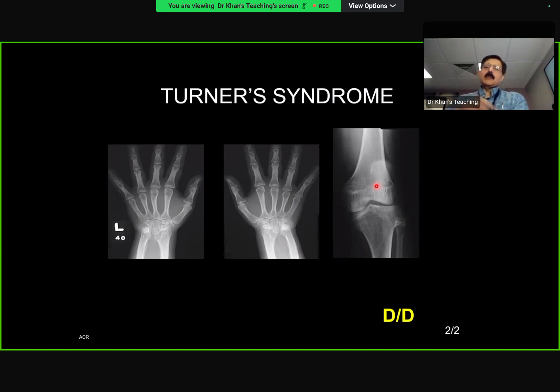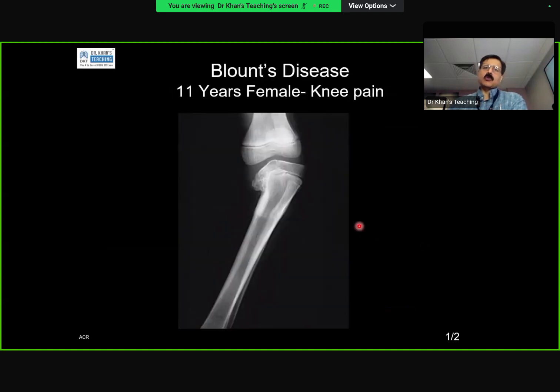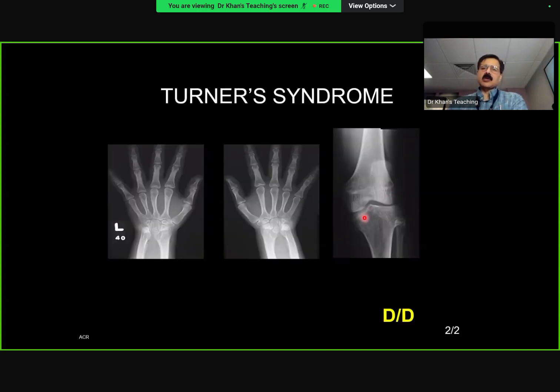So basically, this is the medial epiphysis of the tibia, and it is deformed, giving you this kind of appearance. This case is more marked, and this one is less marked. The only way it can come in the exam is as a stigmata of Turner syndrome.